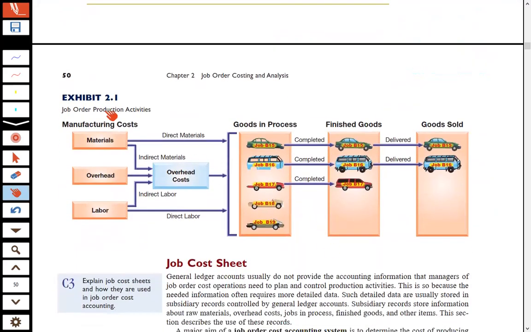Now see this cycle. This is very similar to the cost accounting cycle that we discussed at the beginning in the basic concepts of managerial accounting. What is being done here?